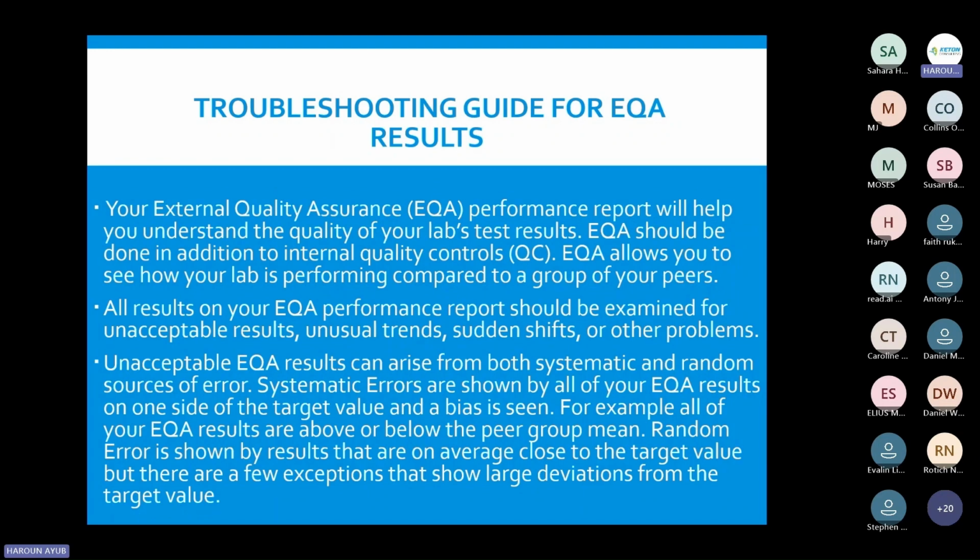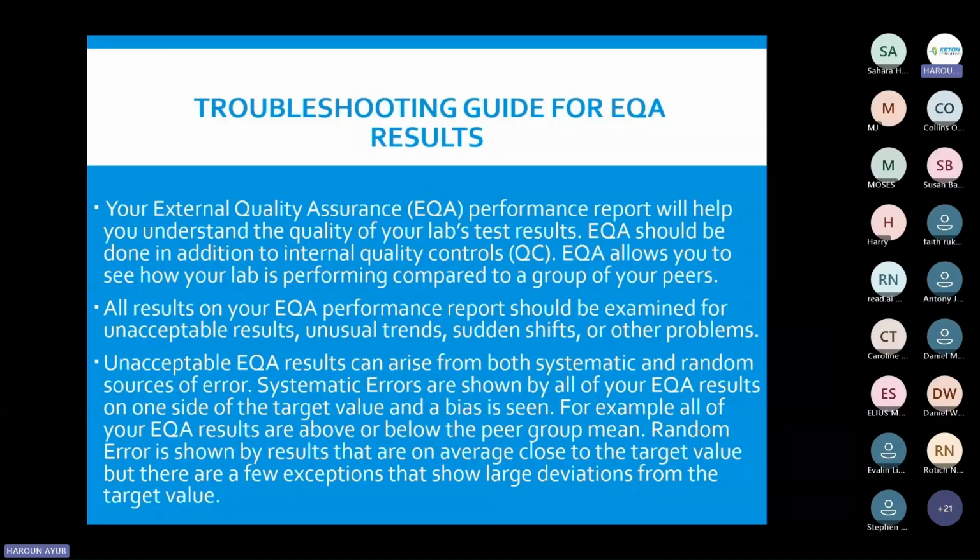All the results in your EQA performance report should be examined for unacceptable results, unusual trends, sudden shifts, or other problems. Unacceptable EQA results can arise from systematic or random sources of errors. Systematic errors are shown when all your EQA results are on one side of the target, and a bias is seen, whether positive or negative.